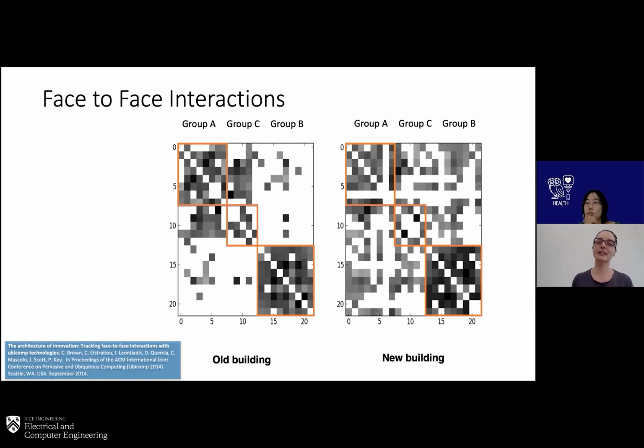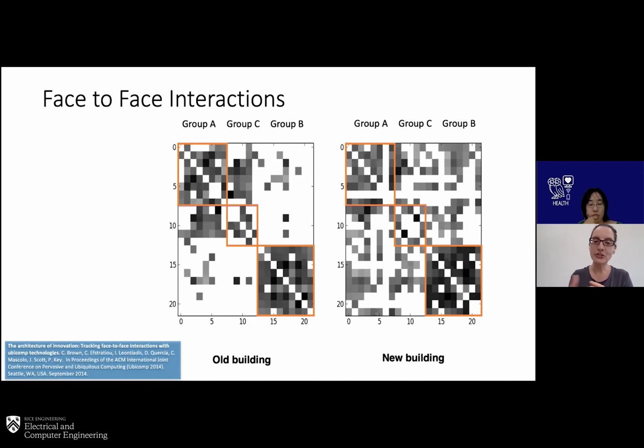As you can see, usually at this point, I will probe my audience and say, what are the things you see in this graph? Now, on a Zoom seminar, I won't do that. I will tell you what you see in this graph. So between the two buildings, you have differences. The users are also grouped, ordered per group. So group A is the first 7 or 8 users, group C is the second, group B is the third.